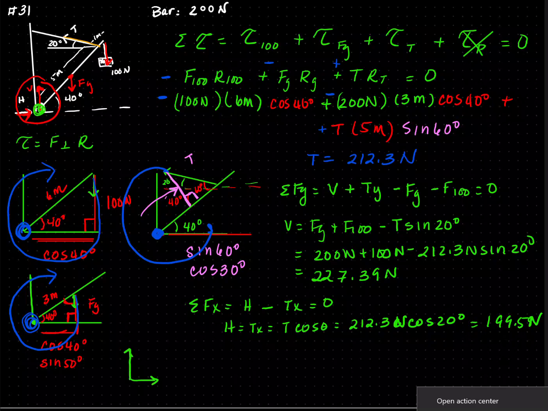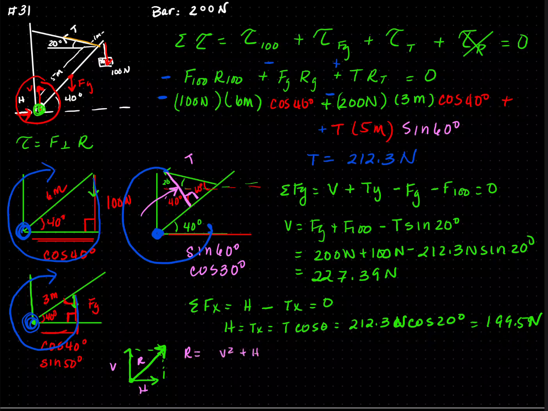Now my pivot point has an H going to the right. It has a V going up. So if I draw my parallelogram by shifting my vectors with the same magnitude and direction, my resultant starts from the tail to the tips. This is my R using Pythagoras. Now I'm going to solve for R using the Pythagorean theorem.